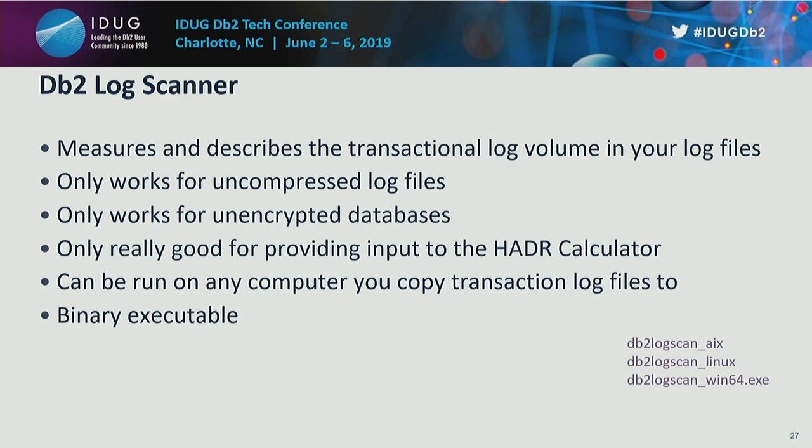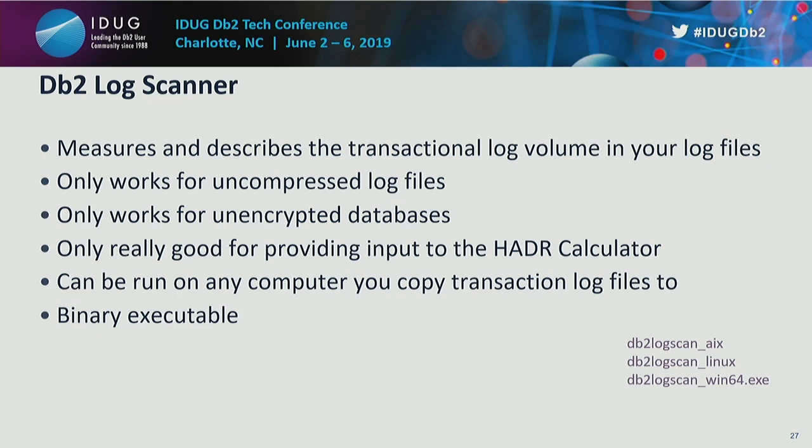So it scans through your transaction logs. It gives you a lot of output that you really aren't going to use. You're mostly going to use the output from this to plug into the next step. But what it does is it looks at how much transactional volume you're seeing, so that it can do some calculations as to what modes of HADR might impact performance. There are 2 big problems.